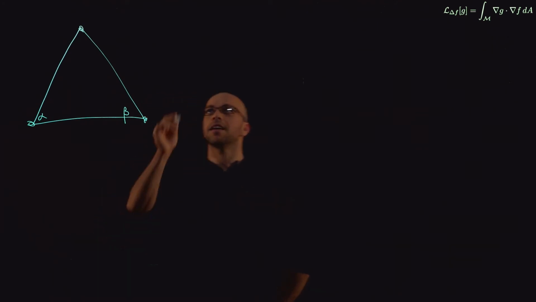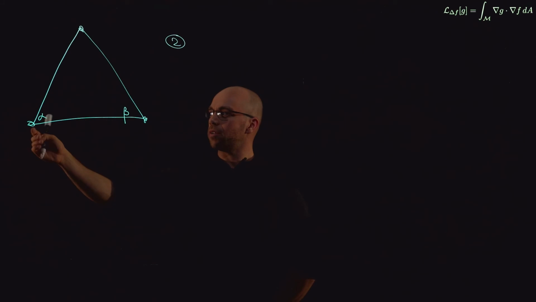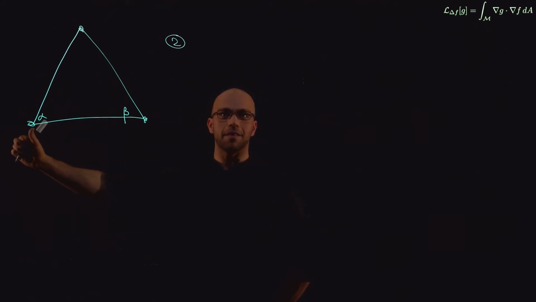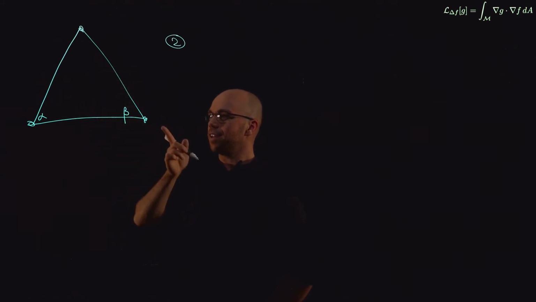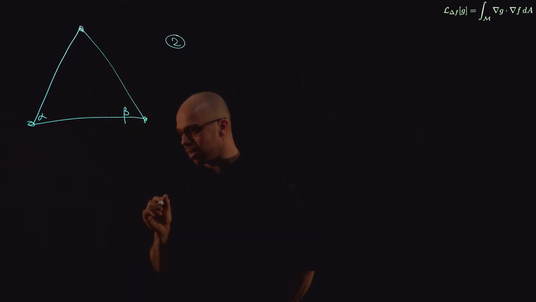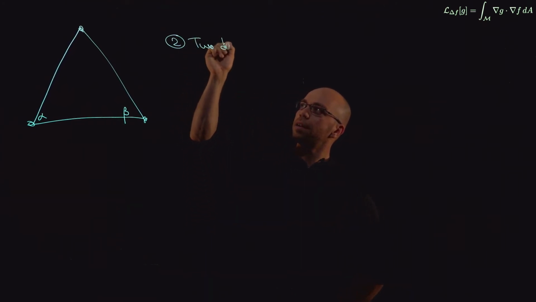So the second case is going to be taking the inner product of 2 different hat functions. So for example, the gradients of 2 different hat functions, like maybe the gradient of the hat function that starts at alpha and goes toward the edge on the right, and the other function that starts at beta and goes to the left. So we have 2 different hats.